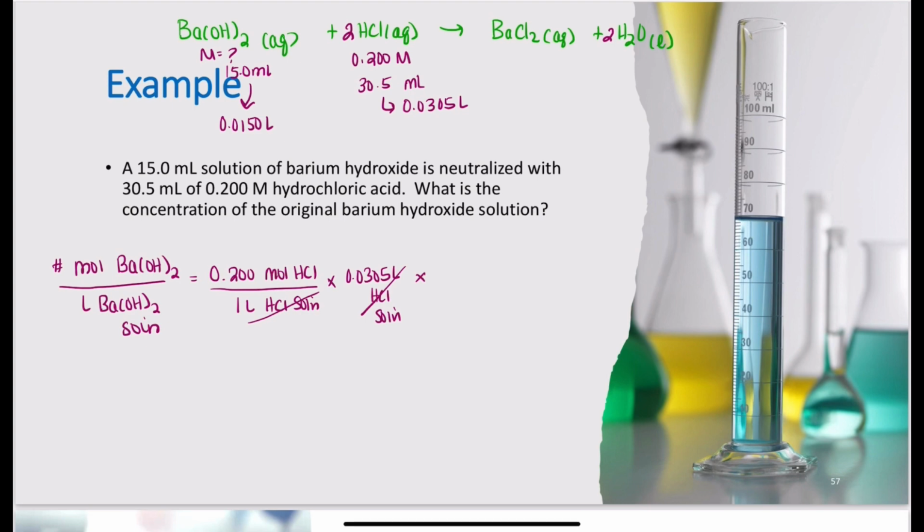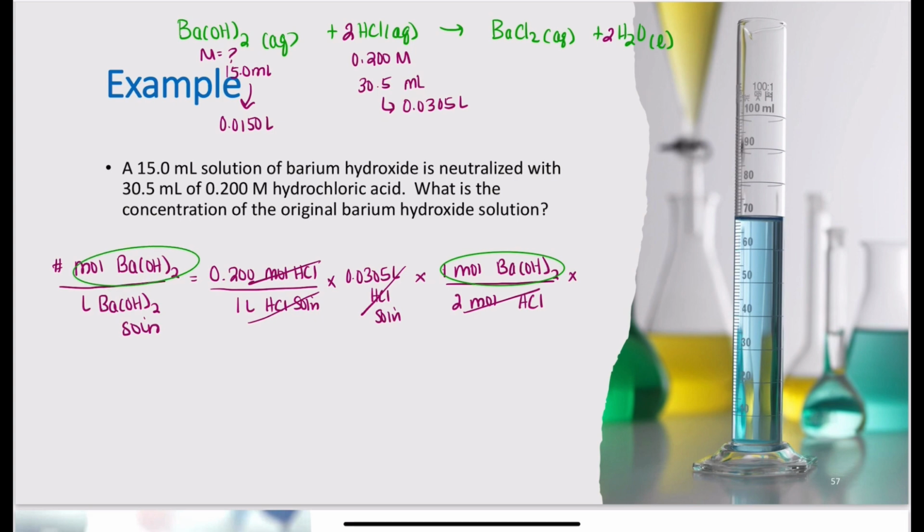Now I'm in moles of HCl. Now I can use my balanced equation. 1 mole barium hydroxide for every 2 moles of HCl. I've got my moles of barium hydroxide, which is what I want in my numerator.